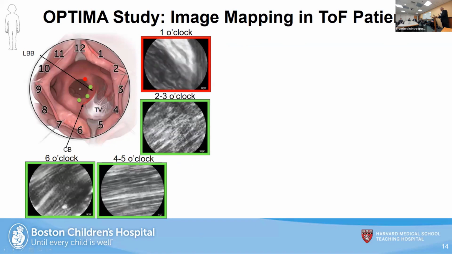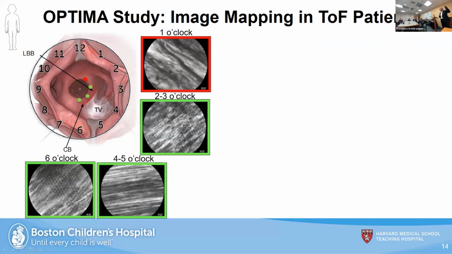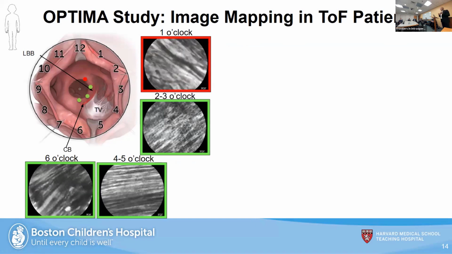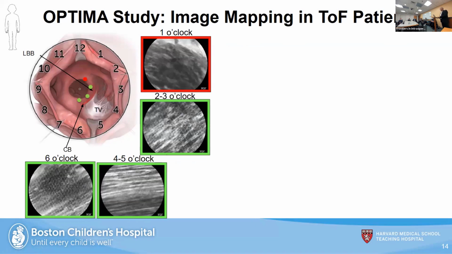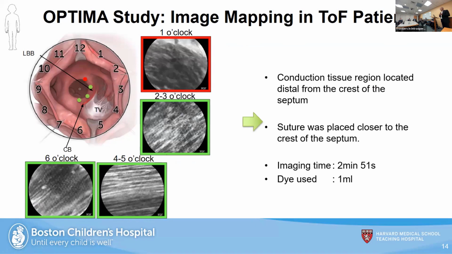As you can see, marked here around the crest at the 1 o'clock region, we saw some reticulated patterns, indicating that we should be cautious and avoid putting a suture on that region. While closing this VSD, the suture was placed closer to the crest of the septum near 3 to 6 o'clock, but away from the 1 o'clock position in this particular case.